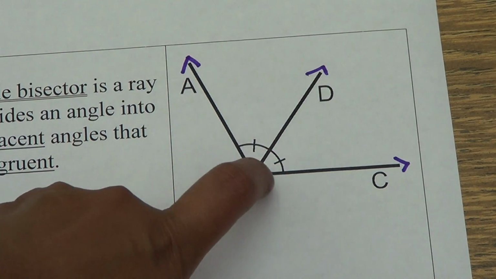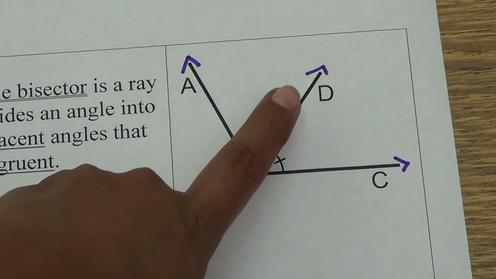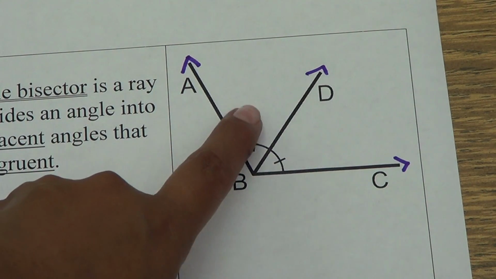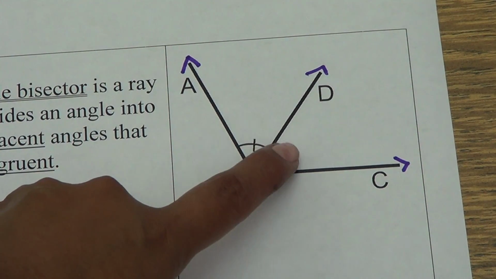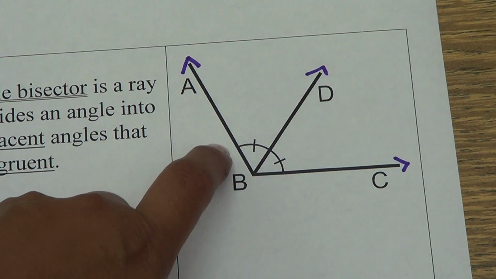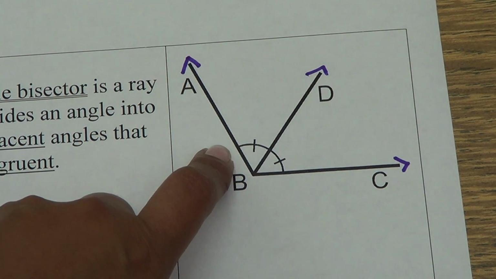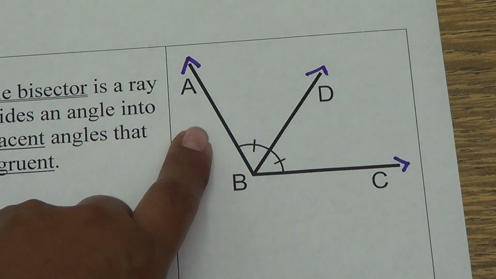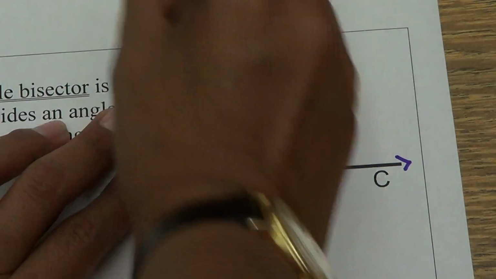So what that means is this ray BD has cut this angle in two pieces, and two pieces that are equal to each other, that are congruent to each other. The way we show congruence in a picture in geometry is we do little arcs and then we do ticks, okay?